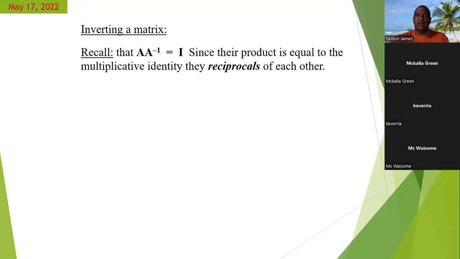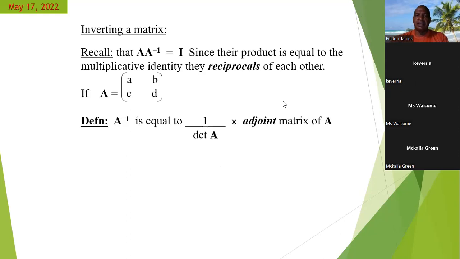All right, so here we go. Now, we recall that A times its inverse must give you the identity matrix. So we say since their product is equal to the multiplicative identity, then they are reciprocal of each other. All right.